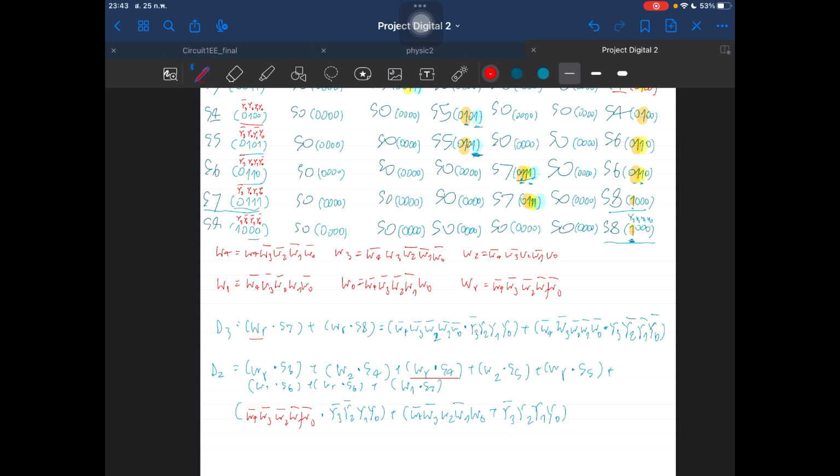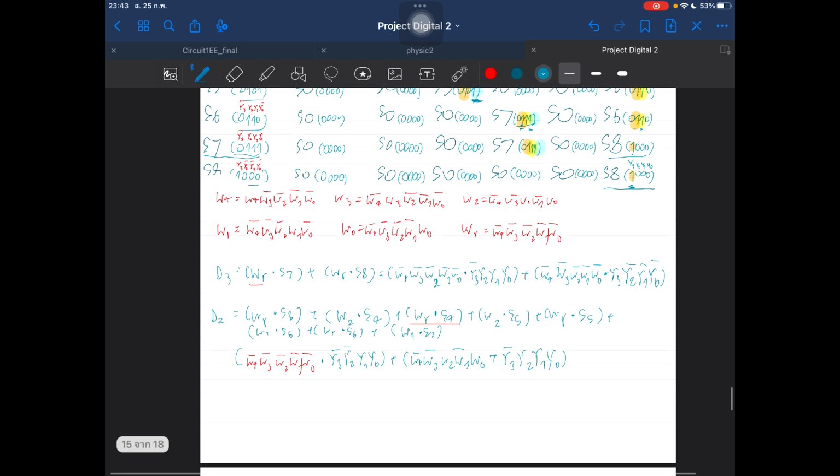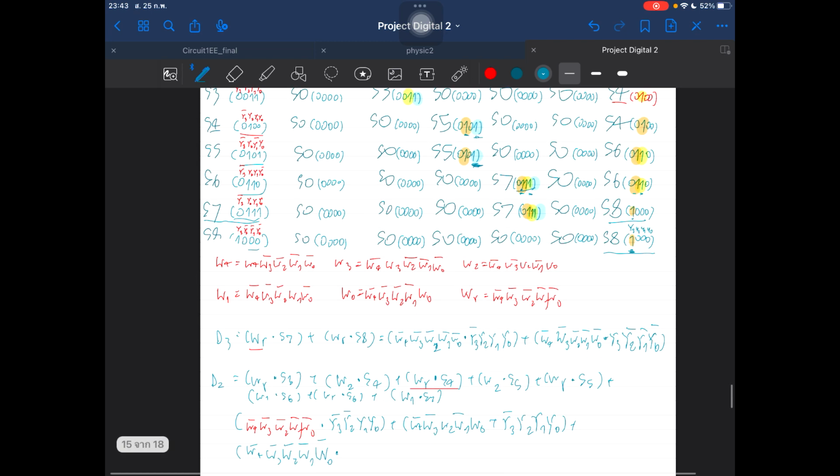Look at this line, WR, and state 4. WR is W4 that, W3 that, W2 that, W1 that, and W0 that, and with state 4 is Y3 that, Y2, Y1 that, Y0.